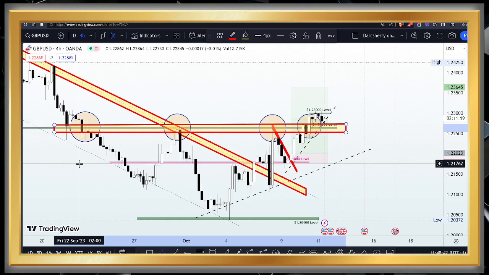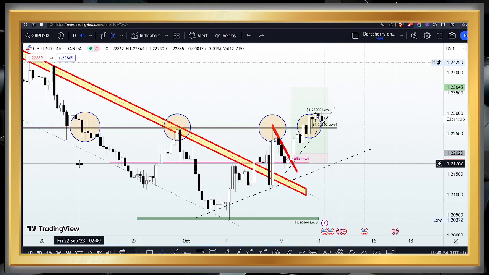So for today's trading session, the 1.22650 level is going to be playing a major role in determining our decisions, and of course makes us feel comfortable in whatever position we are in.